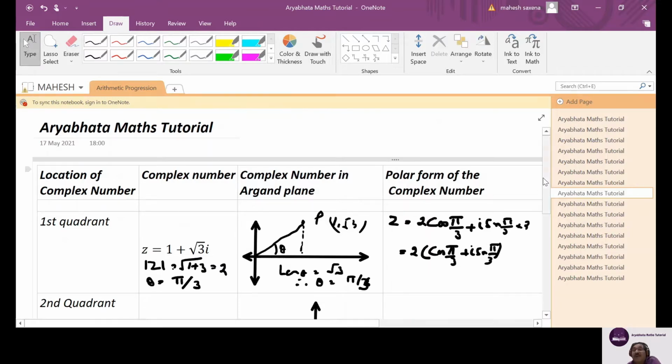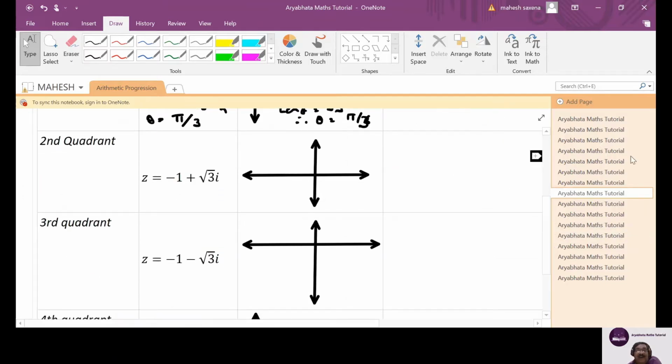Now, suppose the point is in the second quadrant. Then point P will be somewhere here, it is (minus 1, root 3). Then modulus of z is under root of minus 1 square, that is 1, plus root 3 square, that is 3, that is 2. In this case, this angle is 60 degrees, and this is the argument.